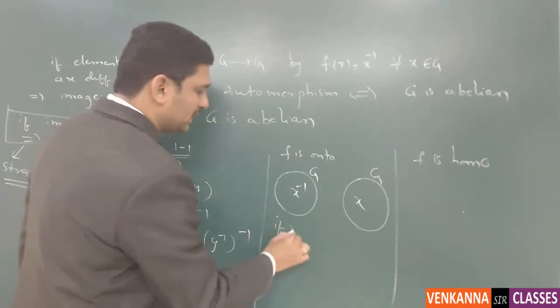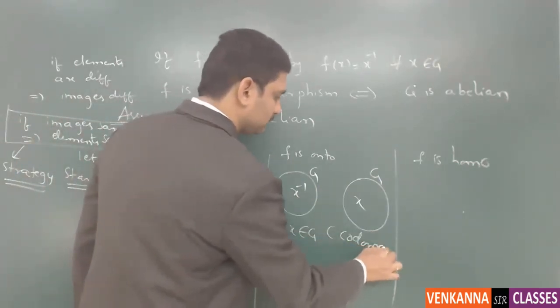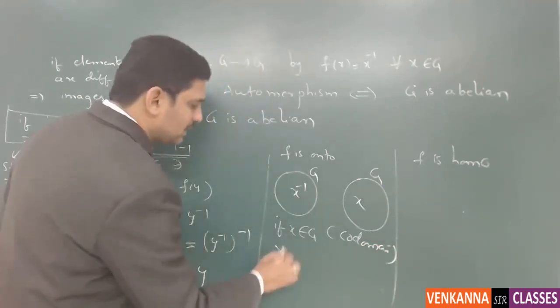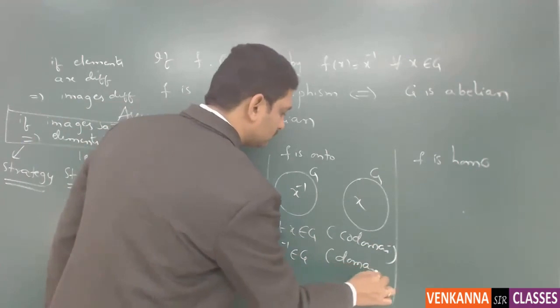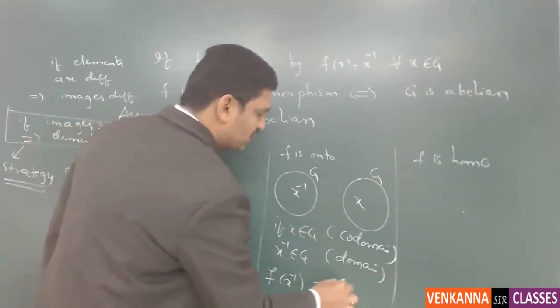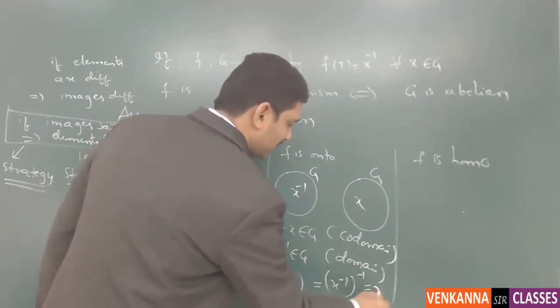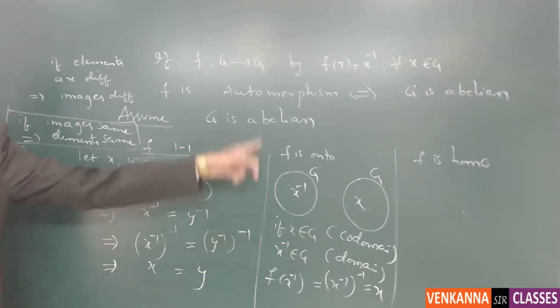So if you take that X belongs to G, that is codomain, then X inverse belongs to G, which is in the domain. So if you consider f of X inverse, from definition it is X inverse whole inverse, nothing but X. Therefore, F becomes onto.